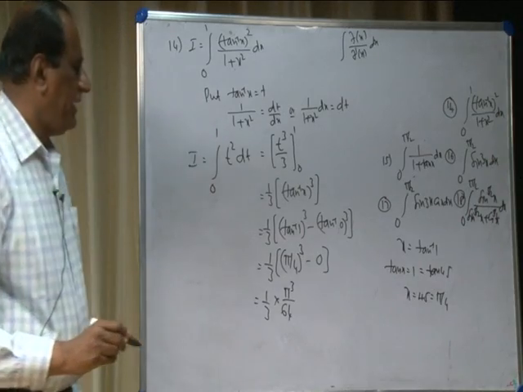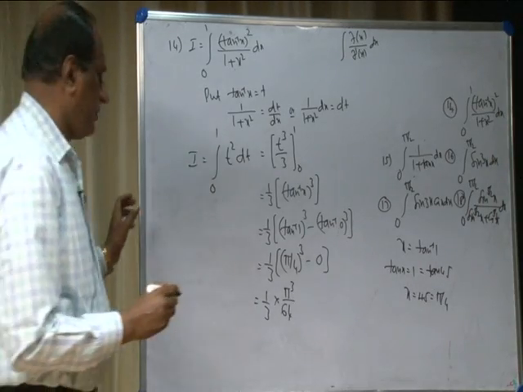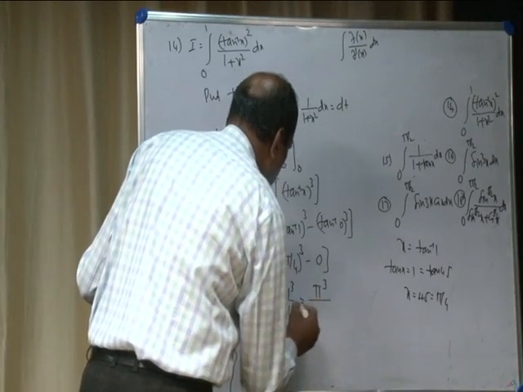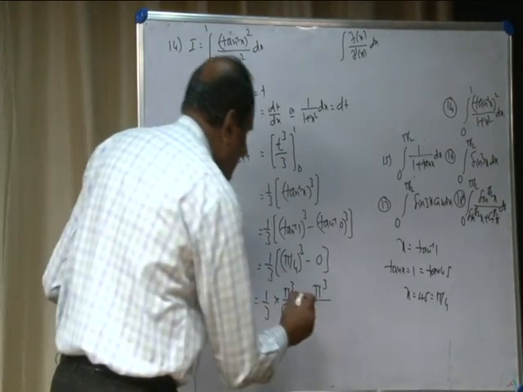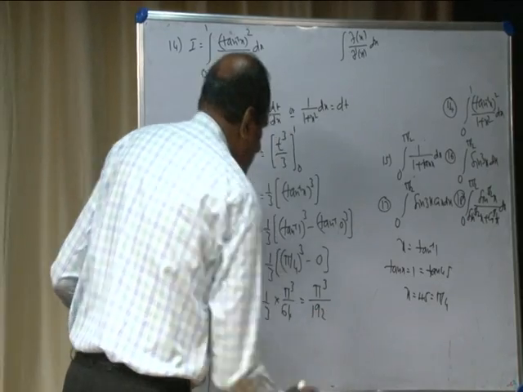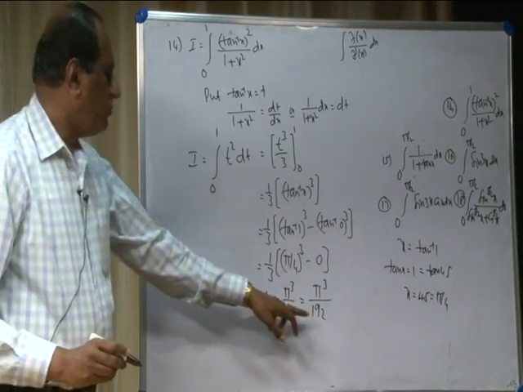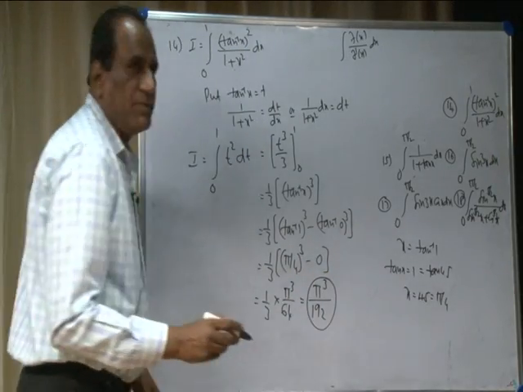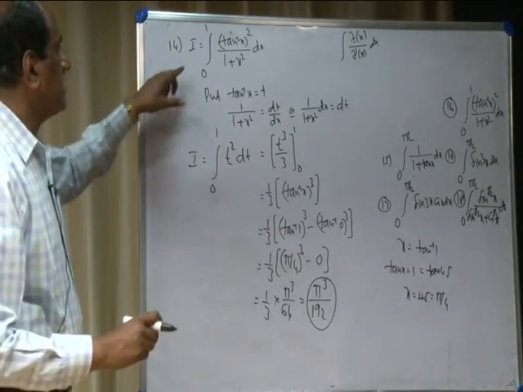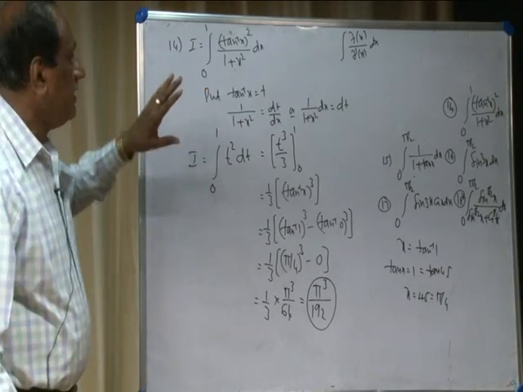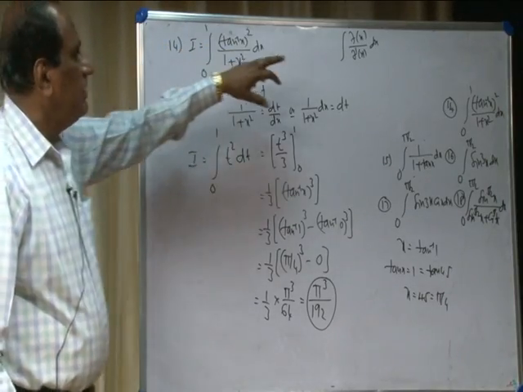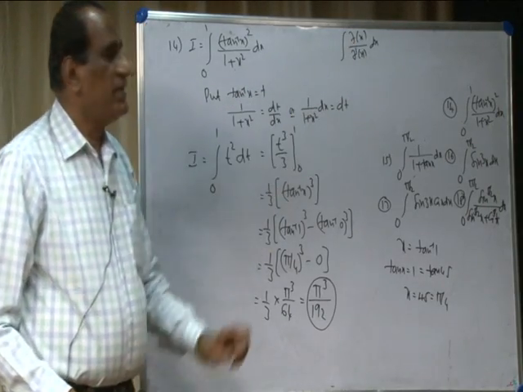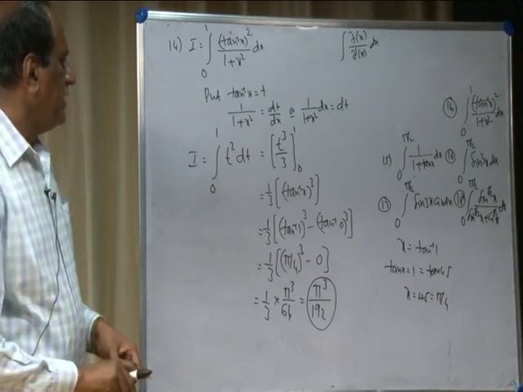So 1 by 3 into pi cube by 64, that is pi cube divided by 64 into 3, which is 192. So this is the definite value, no constant, because this is definite integration. This problem is solved by the substitution method, and the type of this problem is integration of f of x by f dash x.